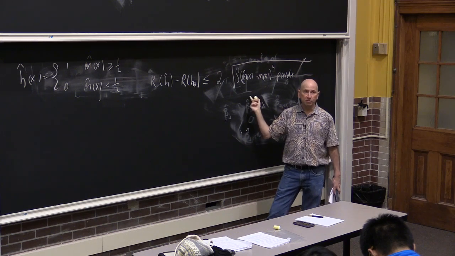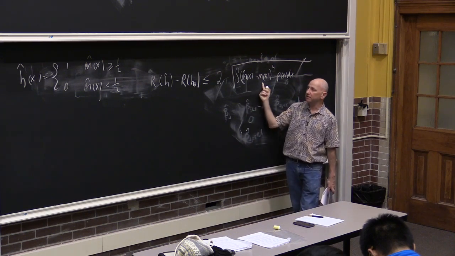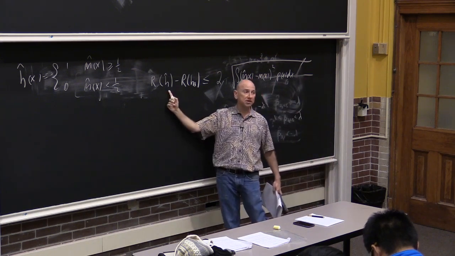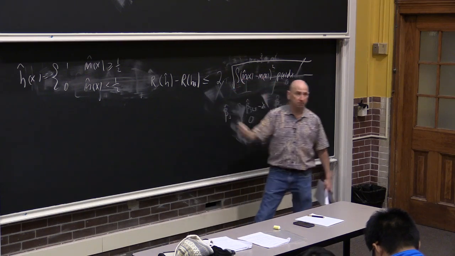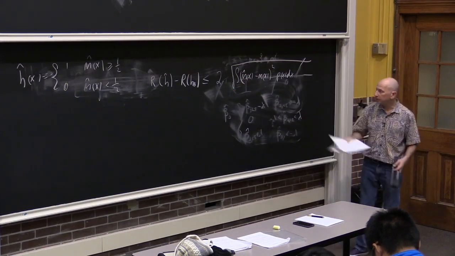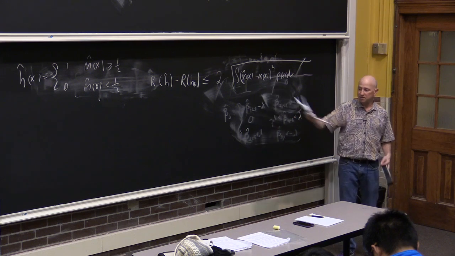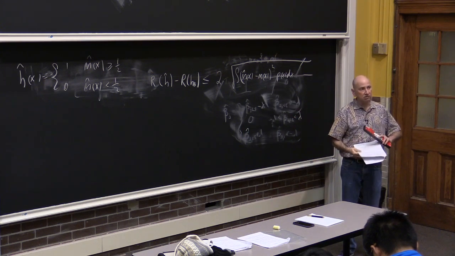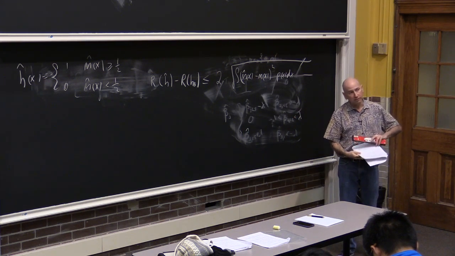So you can do pretty poorly, this could be a pretty poor estimator of this, and yet you could still have small risk. Not the converse, but you can do pretty poorly on the right-hand side and still do well on the left-hand side. That's what makes classification easier than regression.